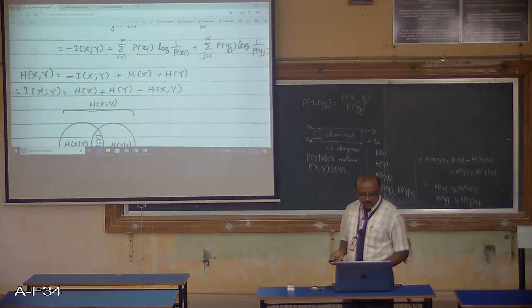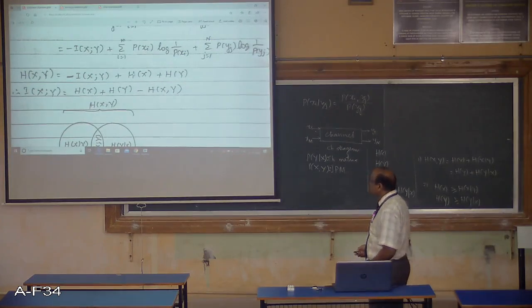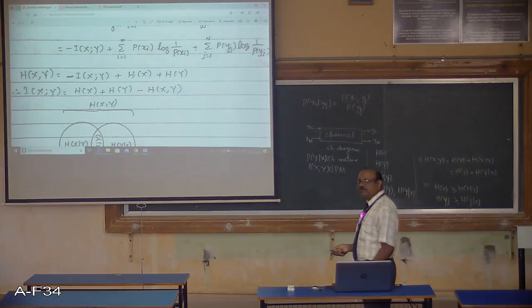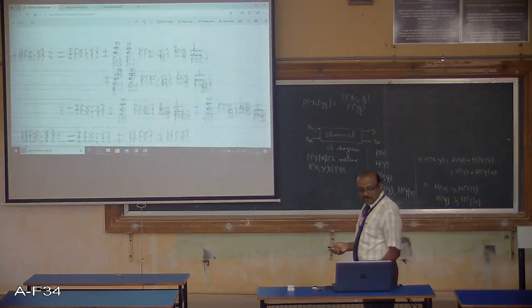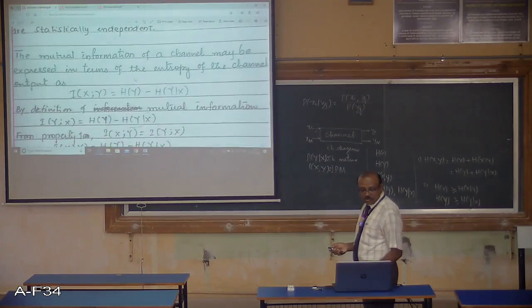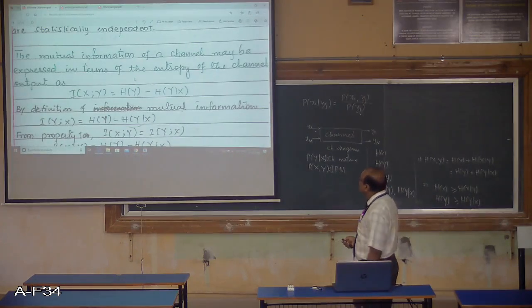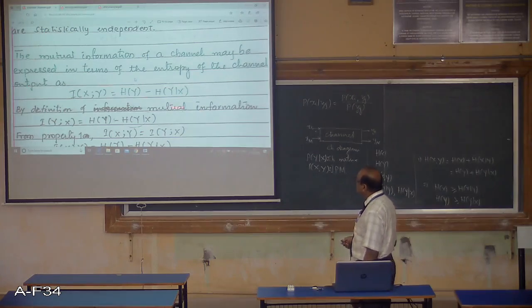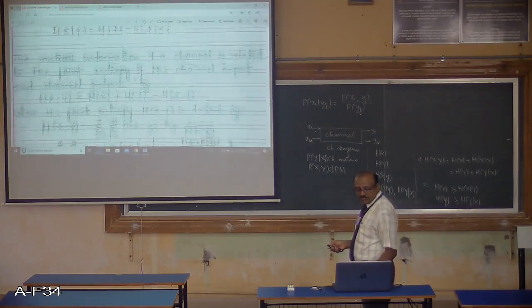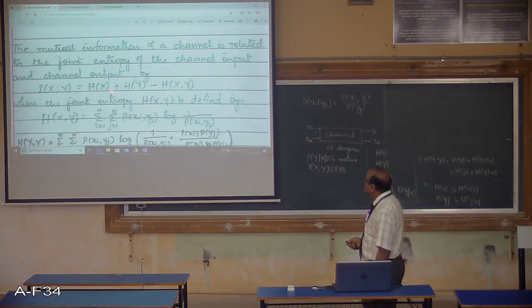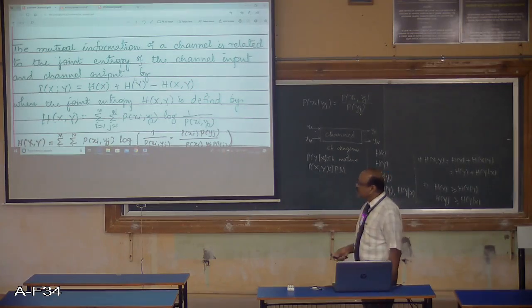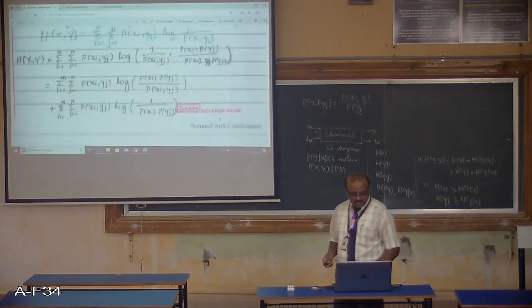So there are four properties associated with mutual information. Mutual information is symmetric, mutual information is non-negative, mutual information is related to the channel output entropy by this relation, and mutual information is related to the entropy of the channel input, output, and joint entropy. Four properties.